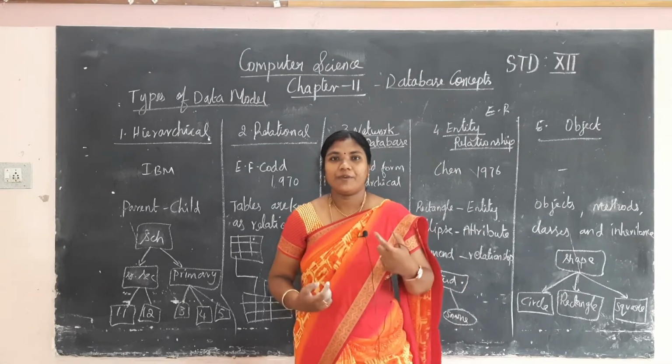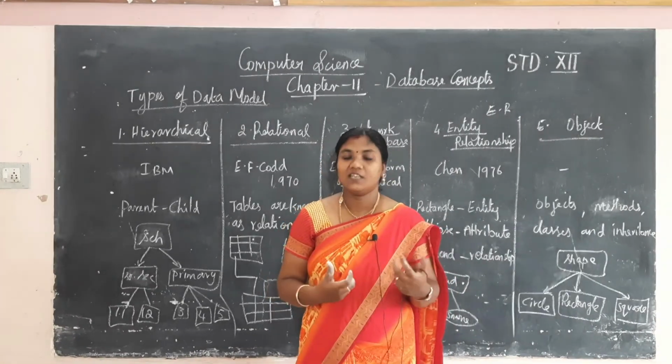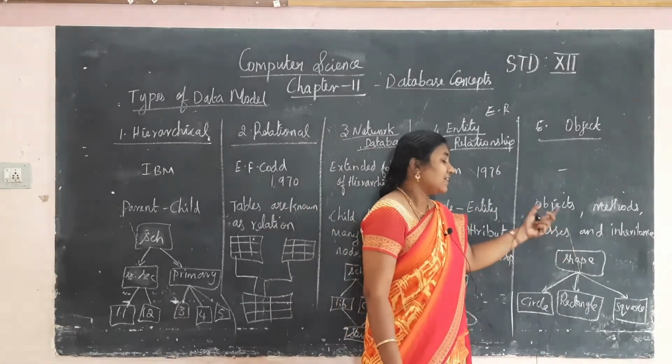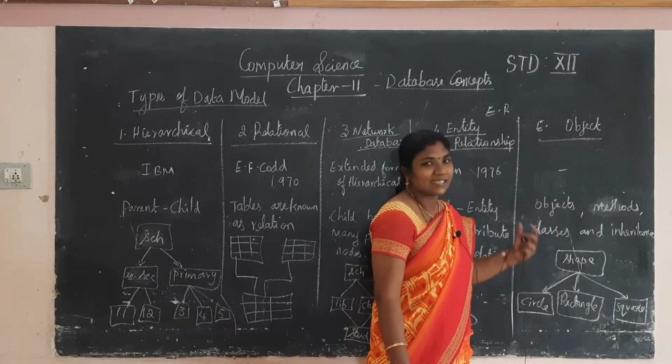The last one is the object model. What do you mean by object? You know very well that in the last chapter we learnt about classes and objects. The object model stores data as objects, methods, classes and inheritance.